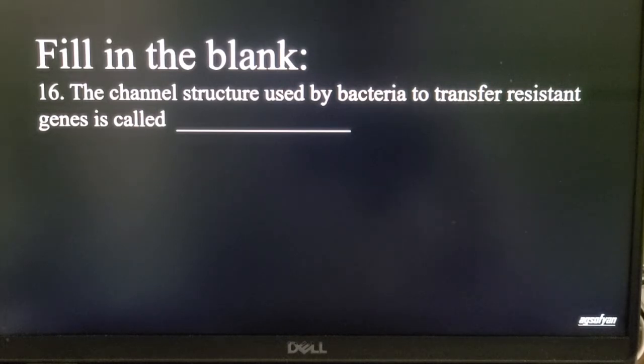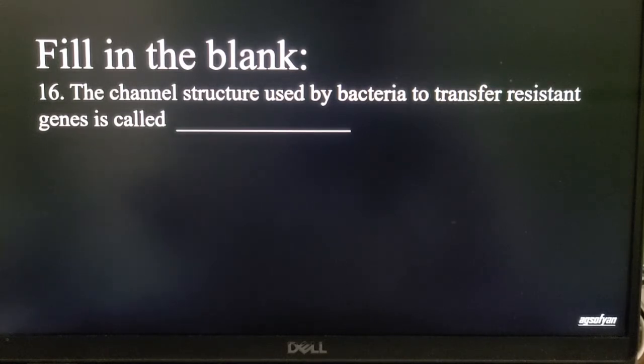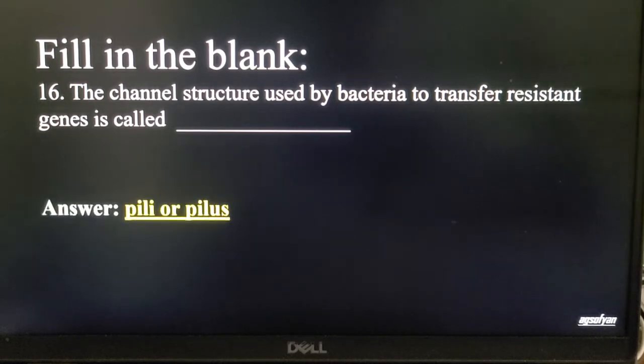Number 16, fill in the blank. The channel structure used by bacteria to transfer resistance genes is called blank. Write your answer. Yes, it should be pili if it is more than one, or pilus if it is only one.